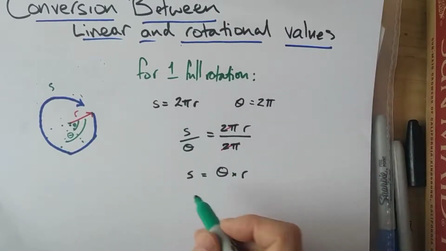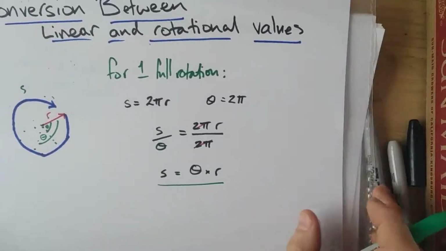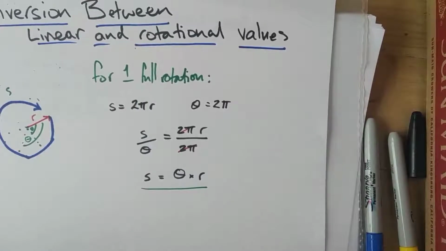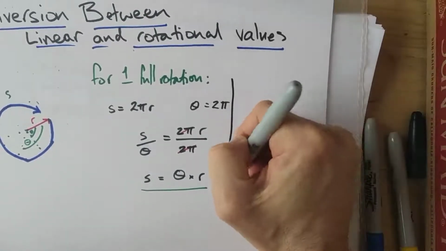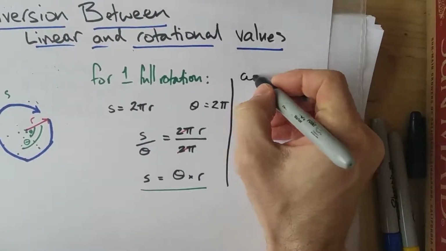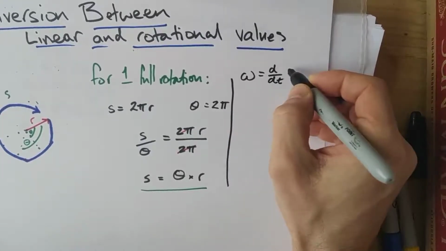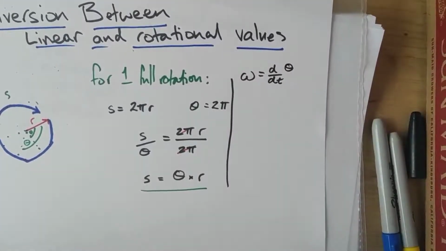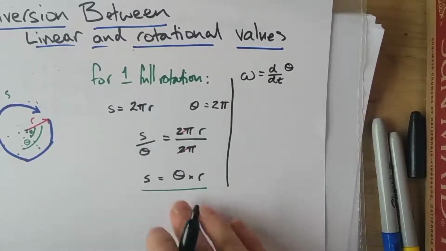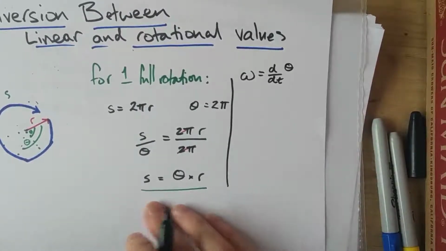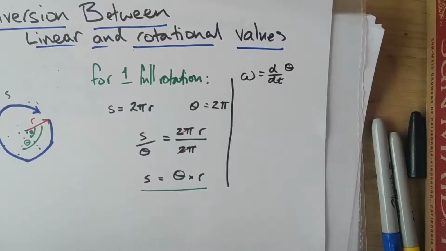When you think about what angular velocity is, well, angular velocity, omega, is the rate of change, d by dt, of the angular displacement theta, which we've said is s over r.